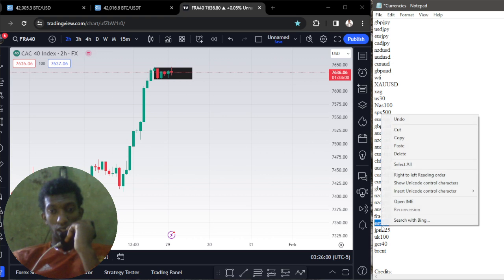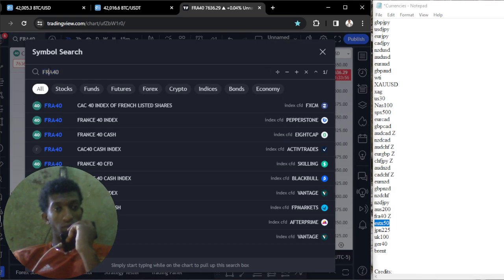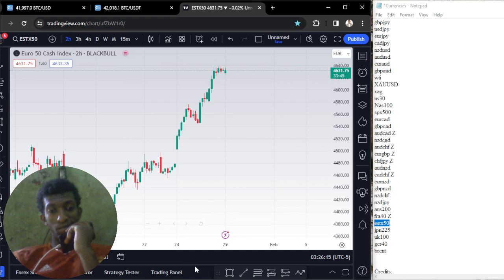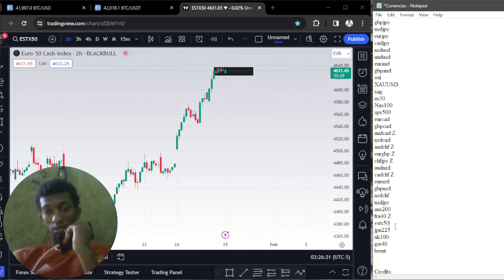We have a potential trade opportunity. So let's put Euro stock. Euro stock is the same thing like France 40. Maybe we can do this thing too, just like this one. We'll put Z there.